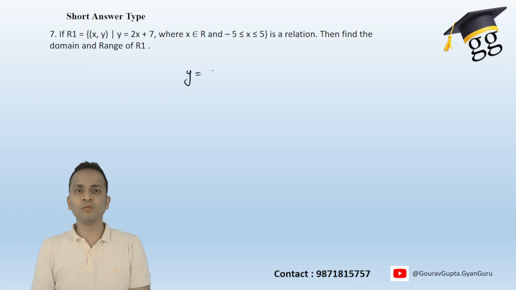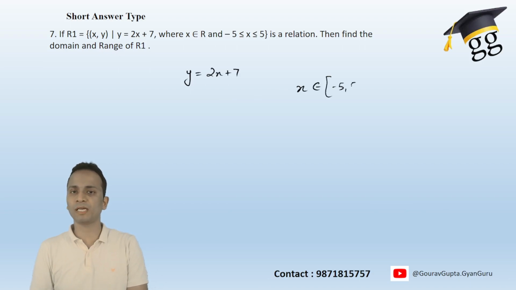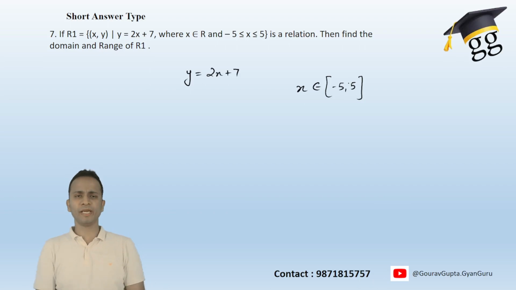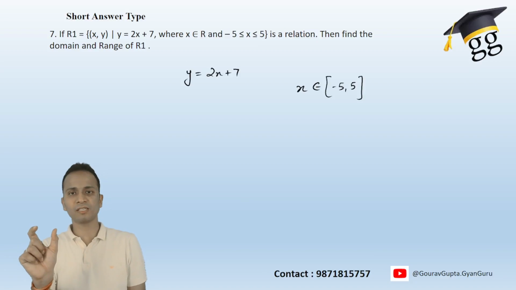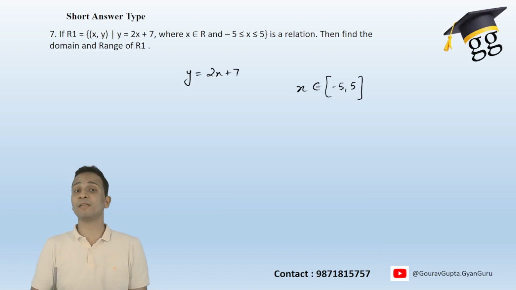Now y is equal to 2x plus 7 and the values of x are from -5 to +5, both included. Okay, if I'll put any value of x which is in this range of values, I can say that I will get the value of y, right? I can put x as -5, I can put x as -4, -4.3, -2.1, 0, 1, 2, 2.1, 2.2, 2.3.